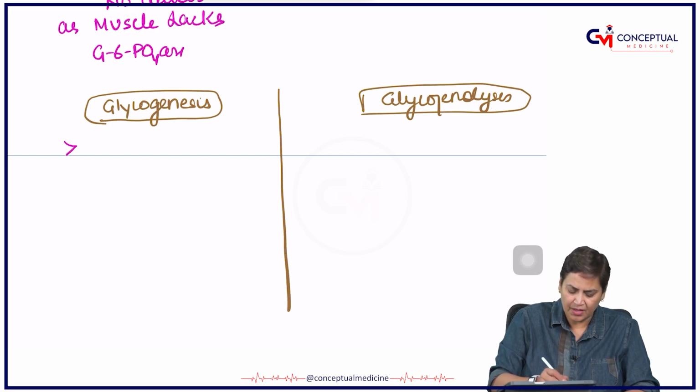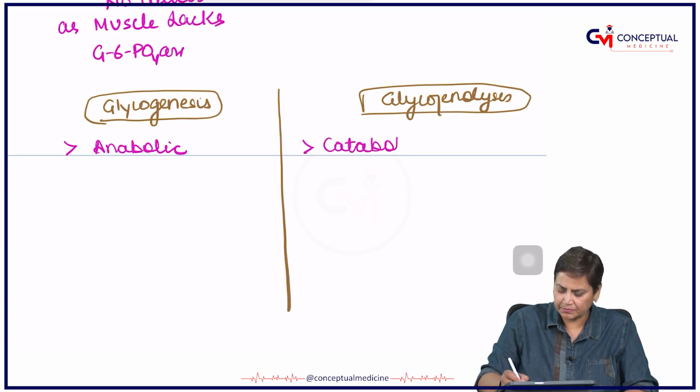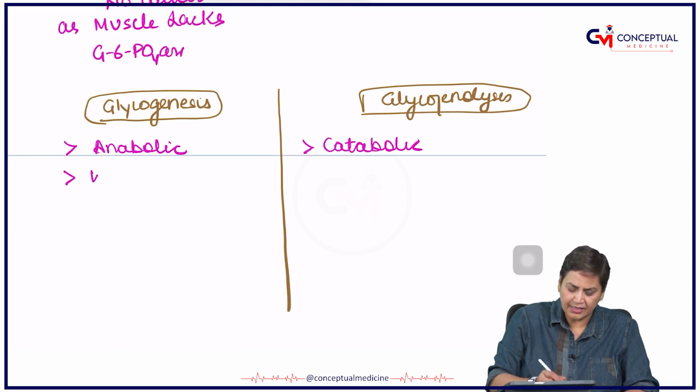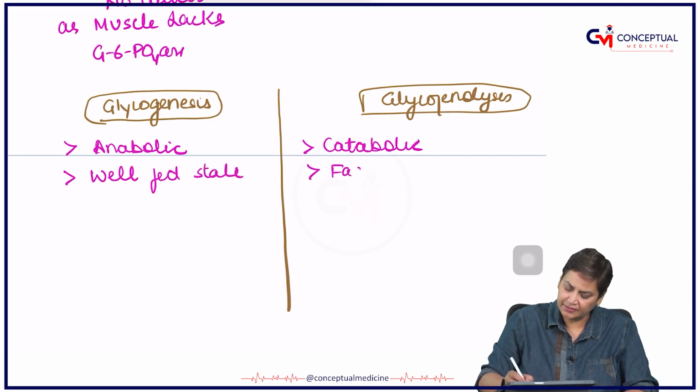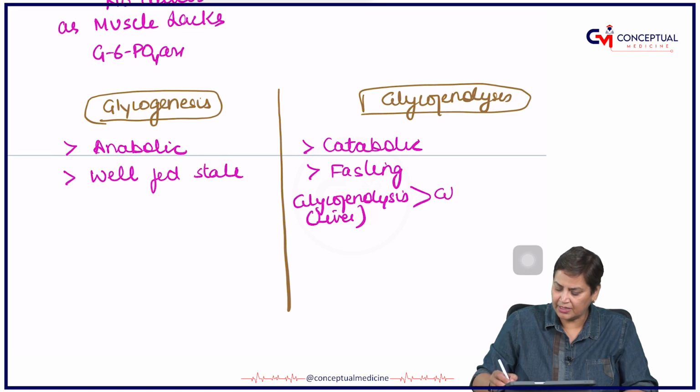Glycogenesis, anabolic process, occurs in the well-fed state. Glycogenolysis, catabolic process, occurs during fasting, or the instantaneous mode. So I would say glycogenolysis in the liver, then comes gluconeogenesis.